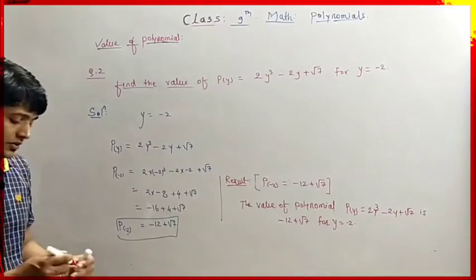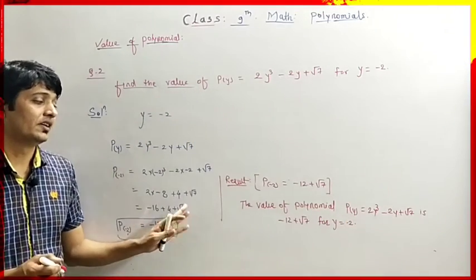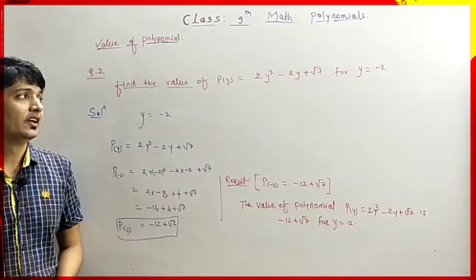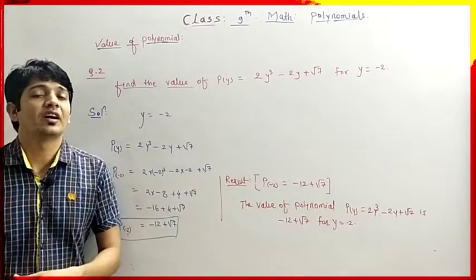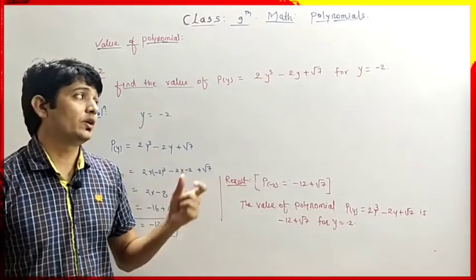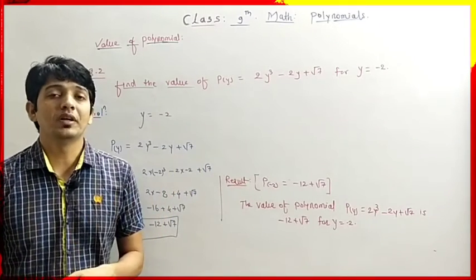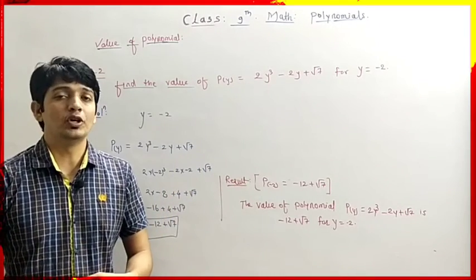Okay, so this is the answer. As you can see, finding the value of polynomials is very easy. Write down this question also. Now we are going to solve the next problem.